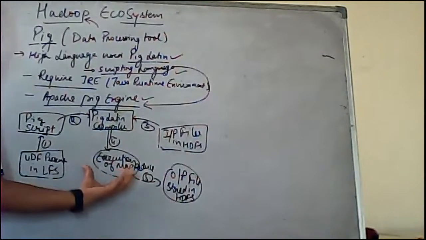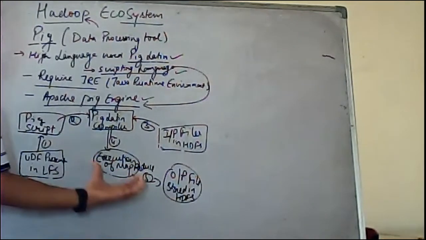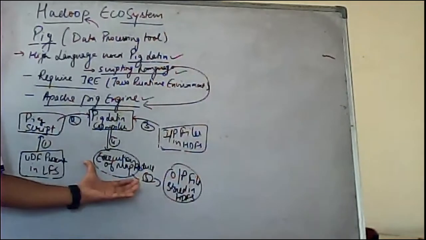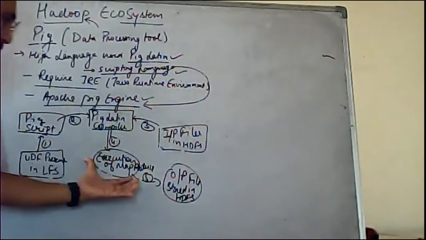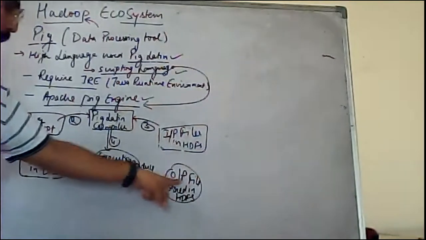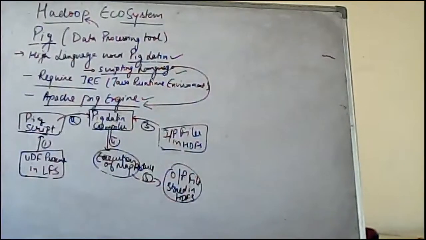After execution, there is data, and that data will again go through a MapReduce function. The MapReduce function will be performed using the MapReduce tool. After that, there is a last output, and that output is a file stored again in your HDFS.